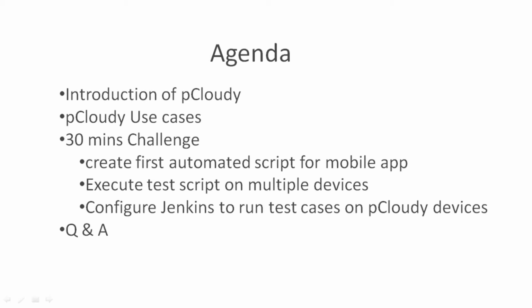We will see a 30 minutes challenge for creating the first automated script for a mobile application, execute the test scripts on multiple devices and configure Jenkins to run the cases on pCloudy devices, followed by the question and answer. So this is a very small, sweet and short agenda we have for today's webinar. So let's move on to the next slide.